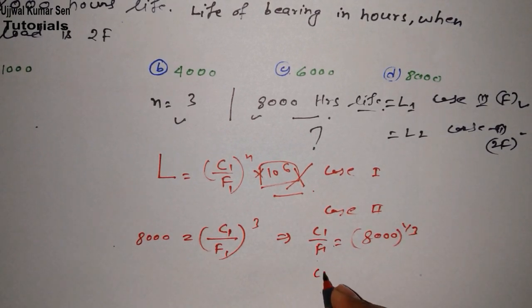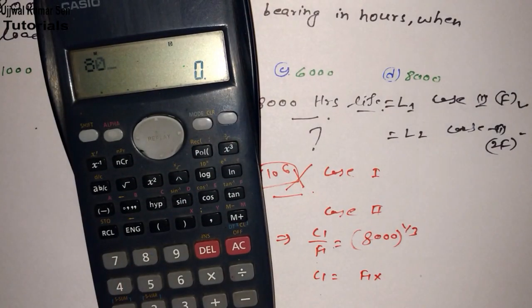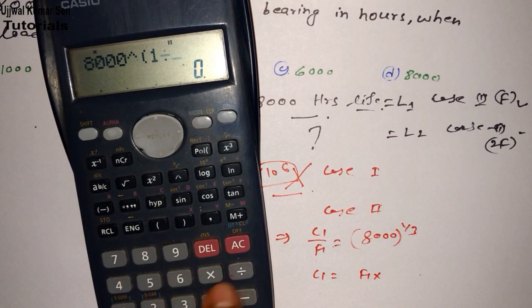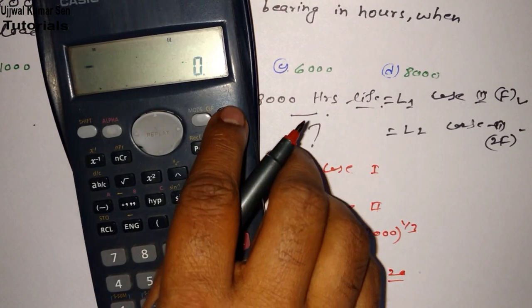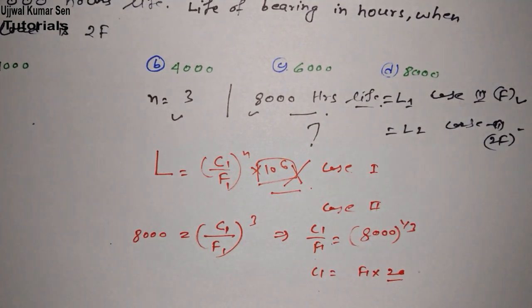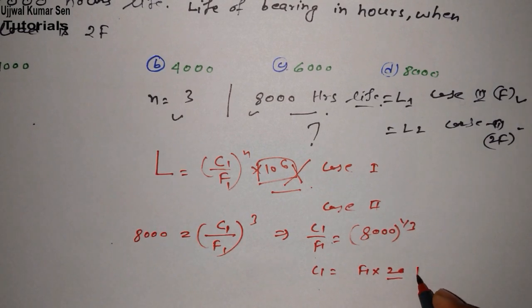So C1 is equal to 20 times F1, I think, right? Yes, it's 20. And as I have already shared with you, C is the dynamic load capacity, that is also a load, that means force. So its unit would be Newton.